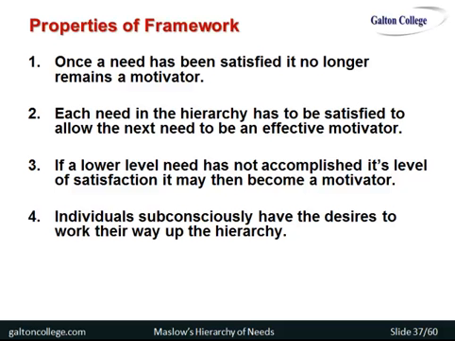Individuals subconsciously have the desire to work their way up the hierarchy. So it's not done in a planned sense. This tends to be something which almost happens automatically. They start to rise up the hierarchy. Once salaries and wages are acceptable, then they move to the next level. It's almost automatic.